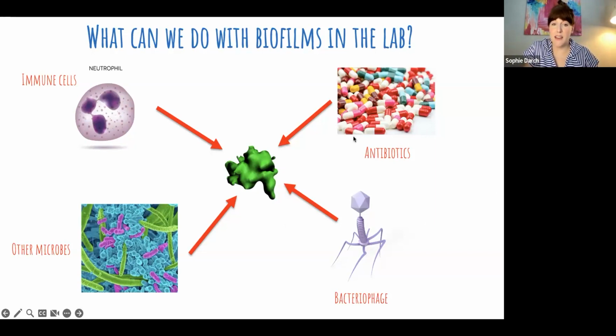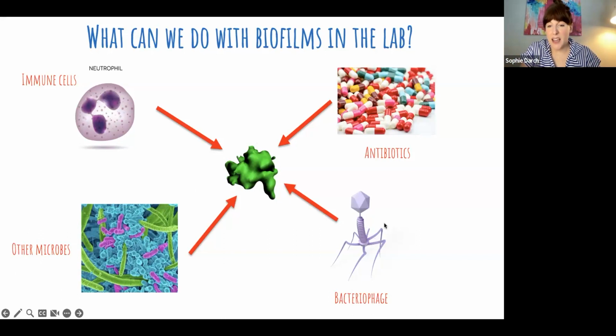So we can add antibiotics to those little biofilms that I showed you. We can add immune cells. You might talk a little bit about immunology in your sessions here. So your host cells that you produce in your immune system, how do they interact with this little group of bacteria? We talked about favorite partners or friends that they might have. How do they interact with other microbes? We can add in lots of different other microbes, of different shapes, sizes, species.